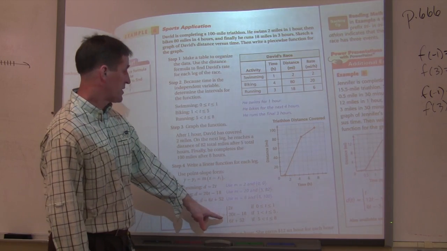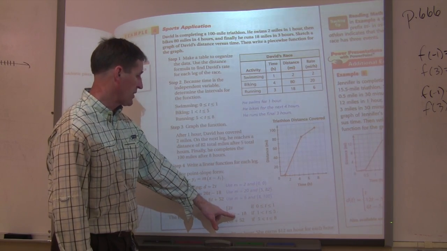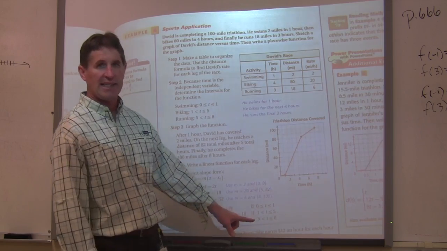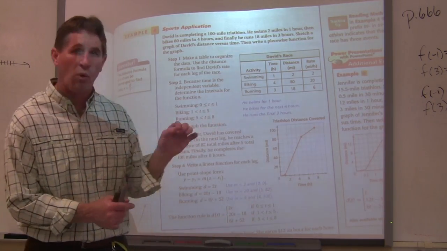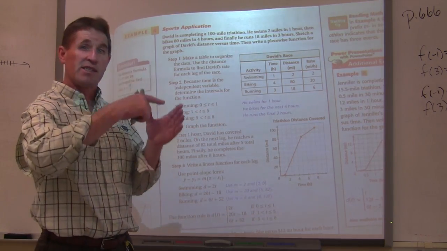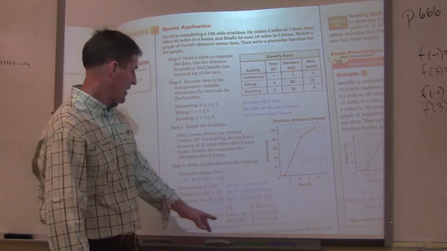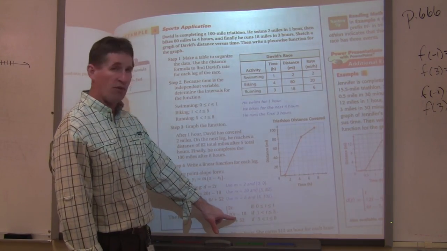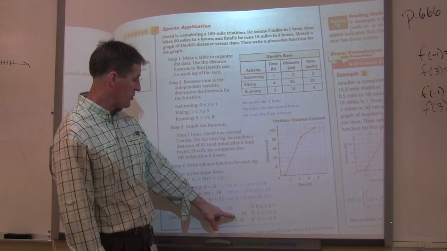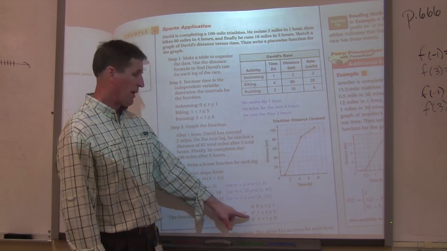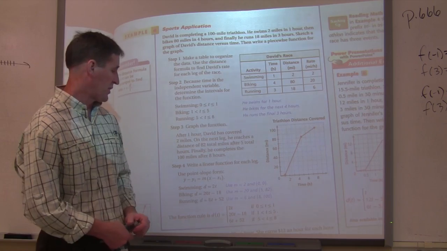But we know that at the speed, it's 20 miles per hour times t, but then we have to subtract 18 because he's not starting at 1 hour. This is the 1 to 2 hour slot. And so if you put a 2 in here for how many hours he's been going, you'd be 2 times 20 is 40, and we have to subtract 18 to get to that 22.